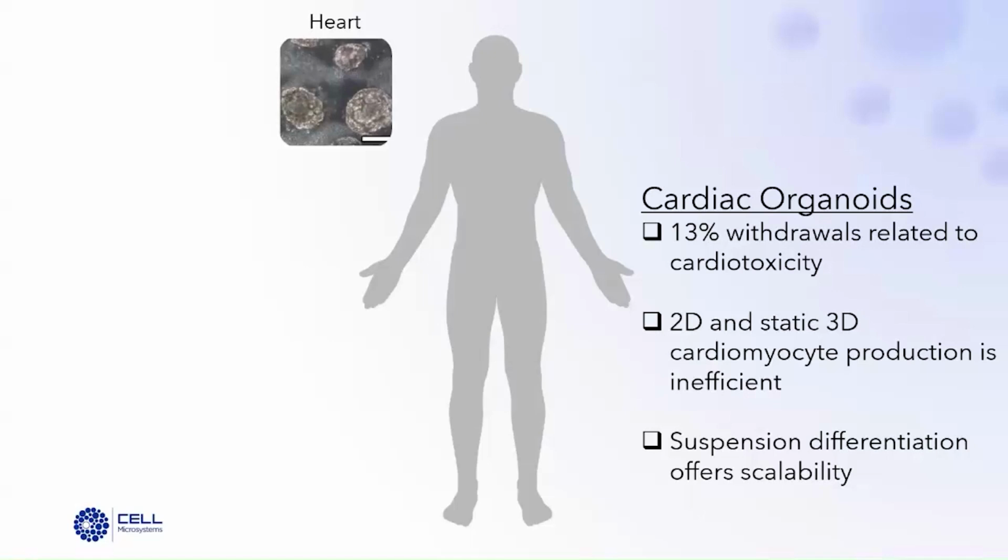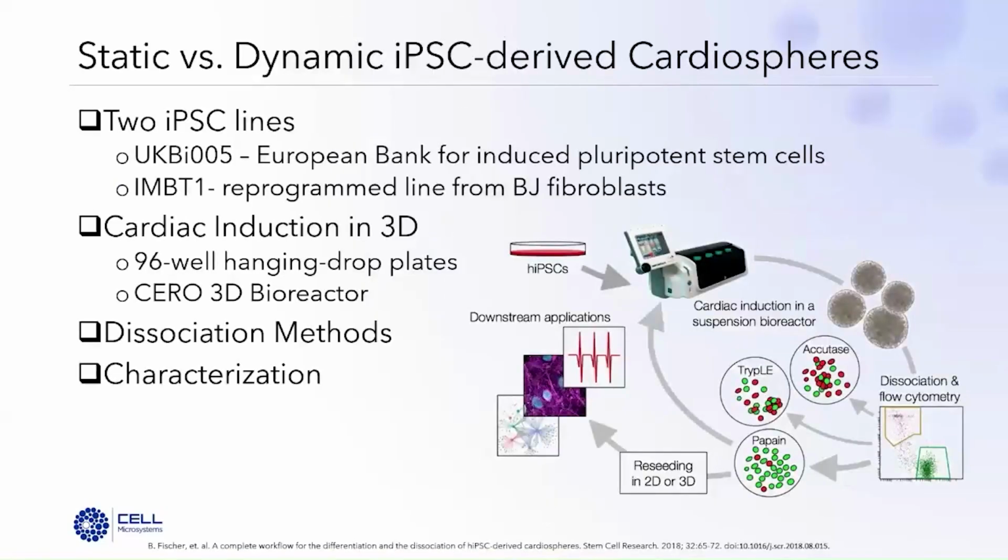So suspension culture for this differentiation method not only offers scalability, but many times we see that suspension differentiation actually enhances the differentiation process. And that's what the researchers in this next study sought out to investigate.